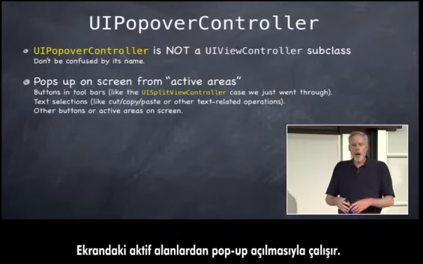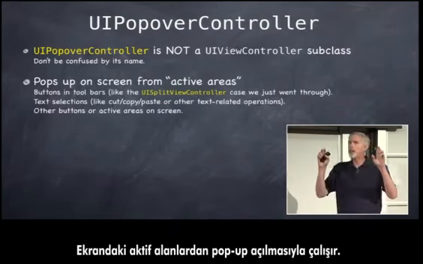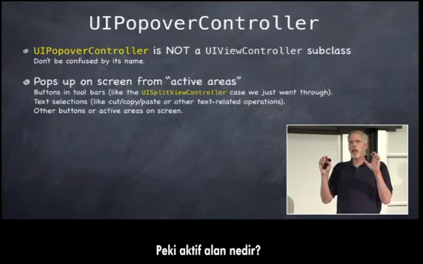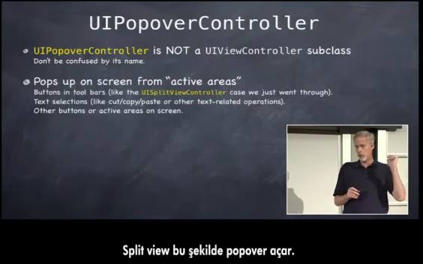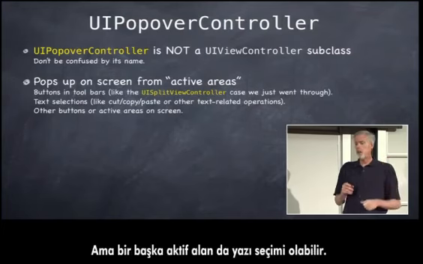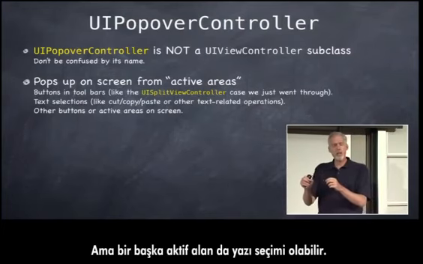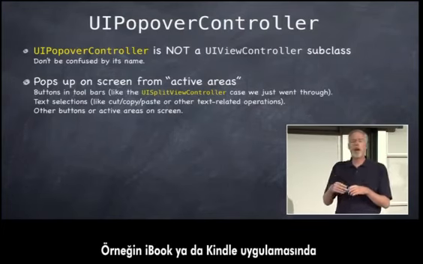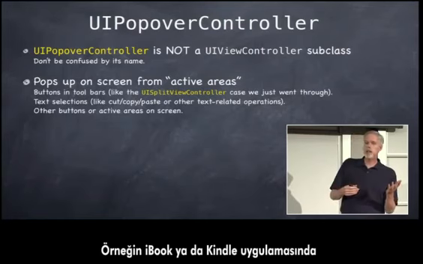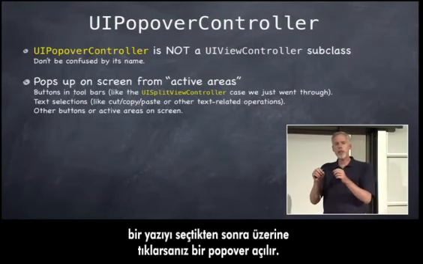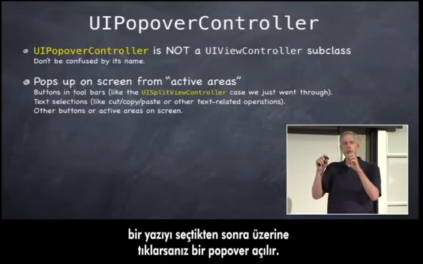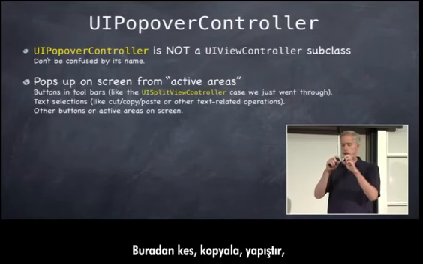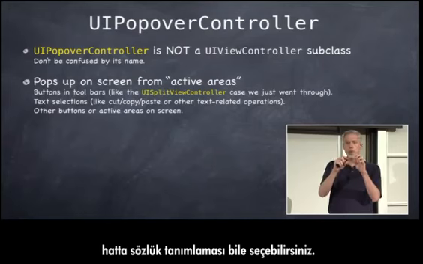The way it works is it pops up on screen from active areas. Now, what's an active area? Well, one active area is a button on a toolbar. That's how the split view makes a popover come up. But another active area might be a text selection. So, for example, in the iBooks app or in the Kindle app, when you select some text, you can click on it, and it'll bring up a little popover that lets you choose cut, copy, paste, but also dictionary definition.